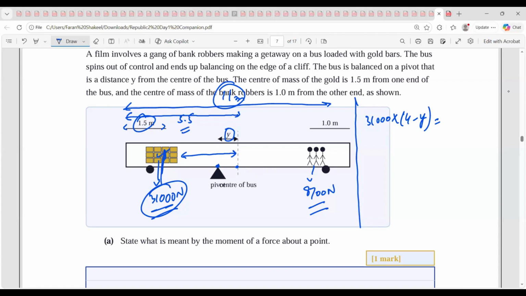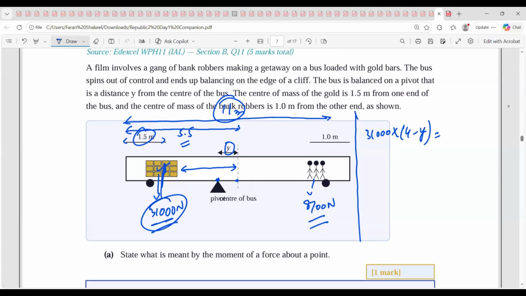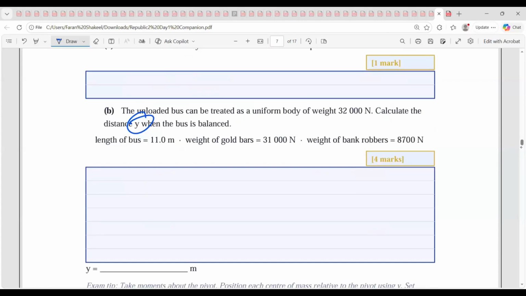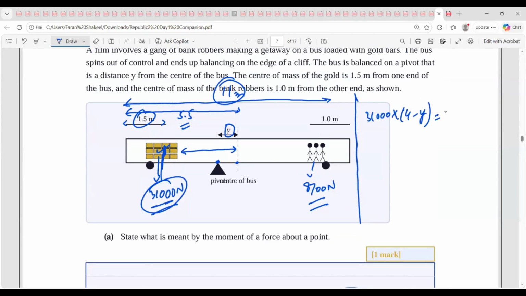What was the weight of the bus now? Was it given? It should have been. Yeah, 32,000 newtons, right? So I've got 32,000 newtons over here, and the distance from the pivot to the weight is going to be y as well. Got that? And I'm just going to add 8,700 times.